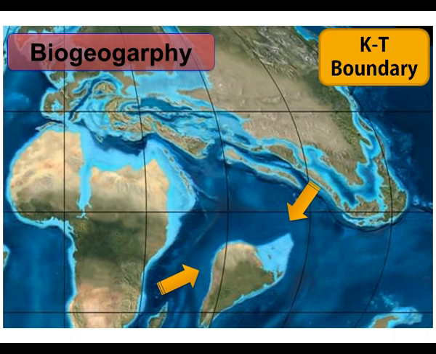Through India, it has also reached Africa. So that's why in biogeography, the Indian plate is called a biotic ferry, because it acted as a ferry to carry the biotic forms from one continent to another continent in geological time.